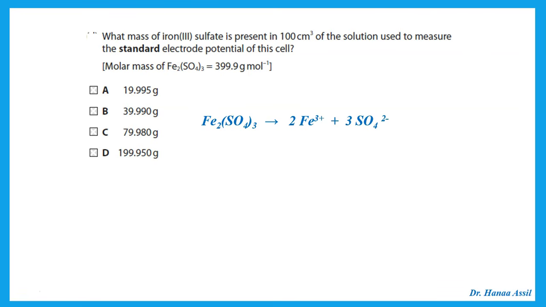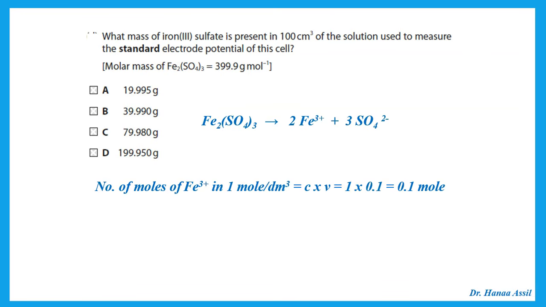But 1 mole of the iron 3 sulfate gives 2 moles of iron 3 plus. So the number of moles of iron 3 plus is the concentration times the volume. The concentration I want is 1 mole per decimeter cubed. The volume we're given is 100 centimeter cubed, that means 0.1 decimeter cubed.